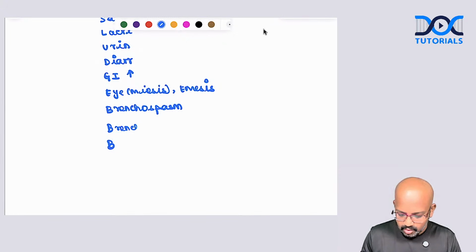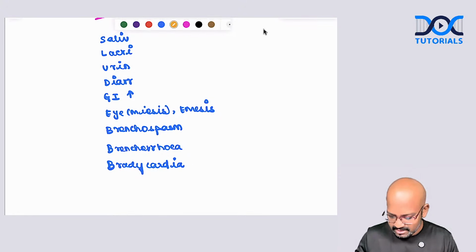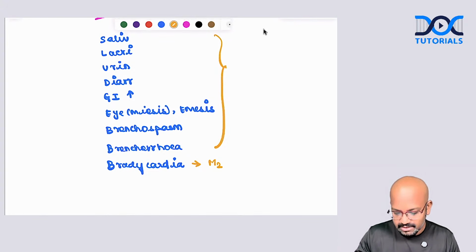There will be bronchorrhea. And the last B is for bradycardia. Of course, you just need to remember, it is not needed to write it up in your exams, just for your understanding purposes. SLUDGE BB is due to muscarinic M3 receptor stimulation, whereas the last, bradycardia, is the only one which is due to M2 receptor stimulation. All the other activities are due to M3 receptor stimulation.